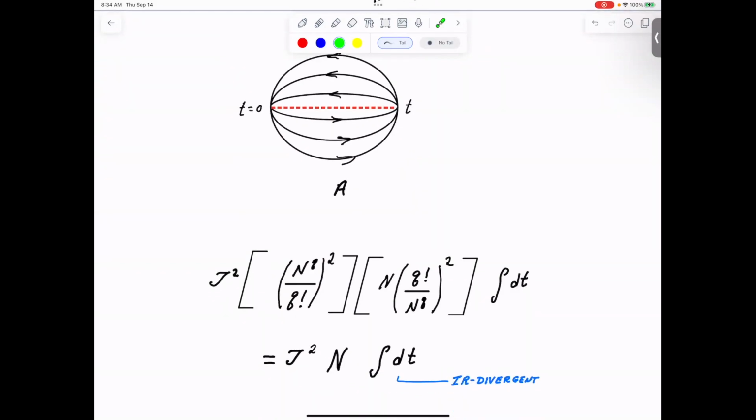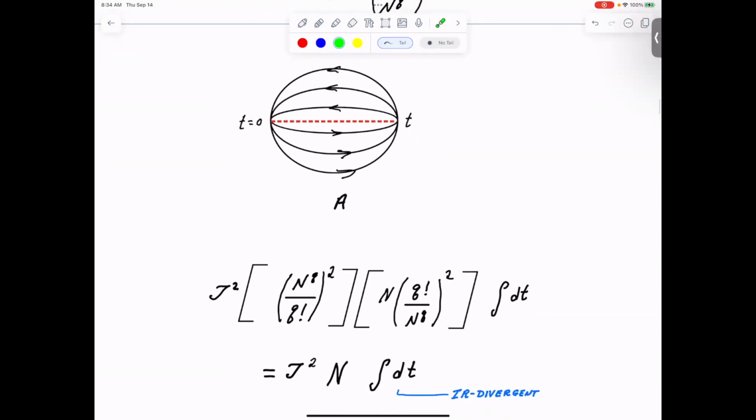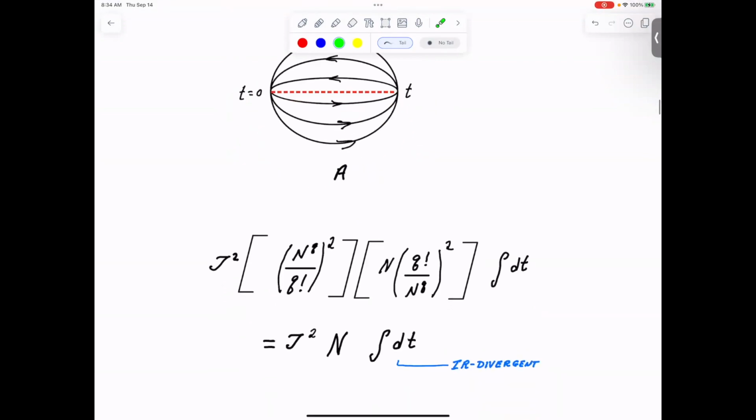Incidentally, in these diagrams, I will always imagine integrating over the times involved. What this diagram means, let's not worry about it. Let's just talk about how you calculate it. There's, first of all, a J squared coming from the two vertices. There are counting factors.